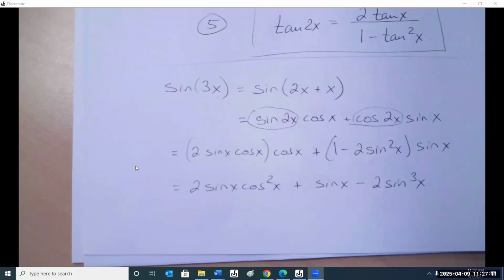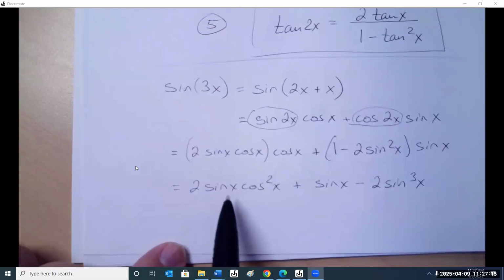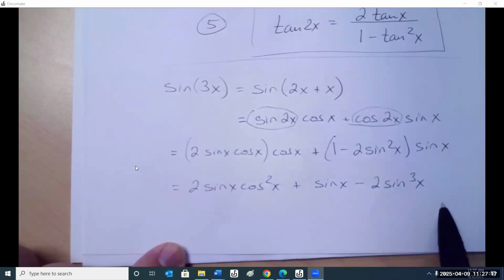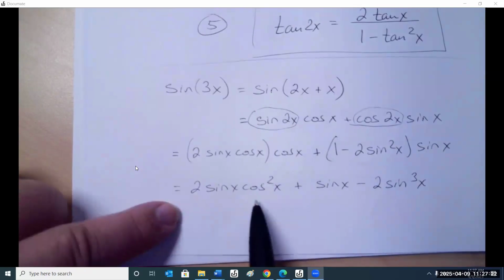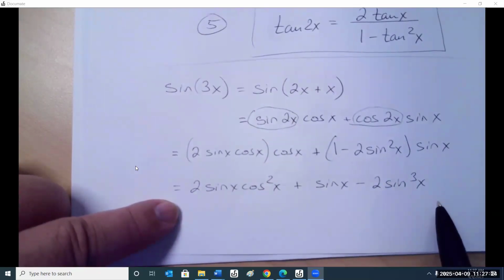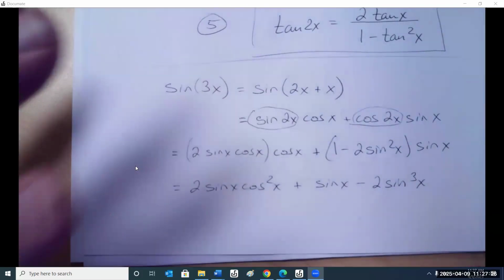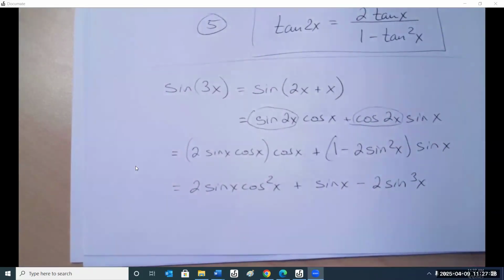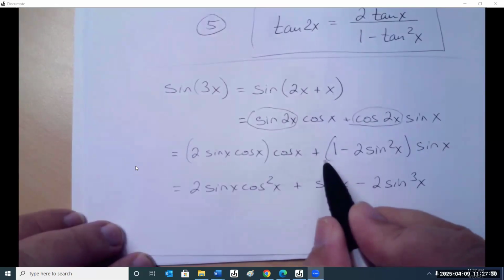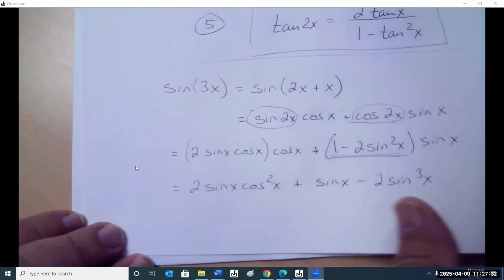Was that a good move there? Not really, because we can't combine anything here. Once we do this, we're stuck. Even though we can work with it, we can't shrink it down any further. So let's try another one instead of this one.